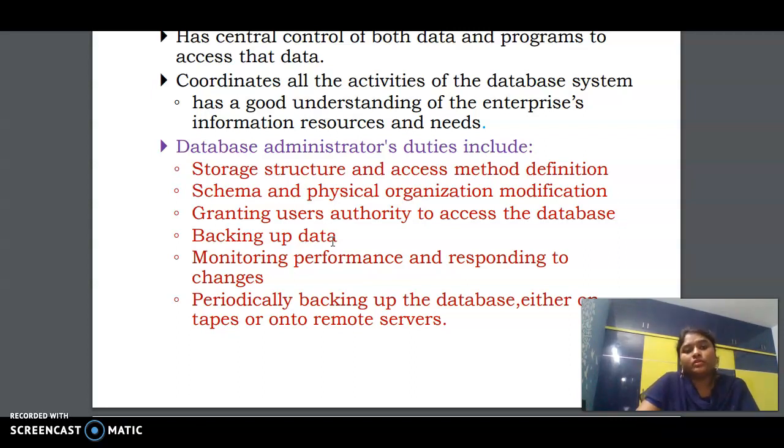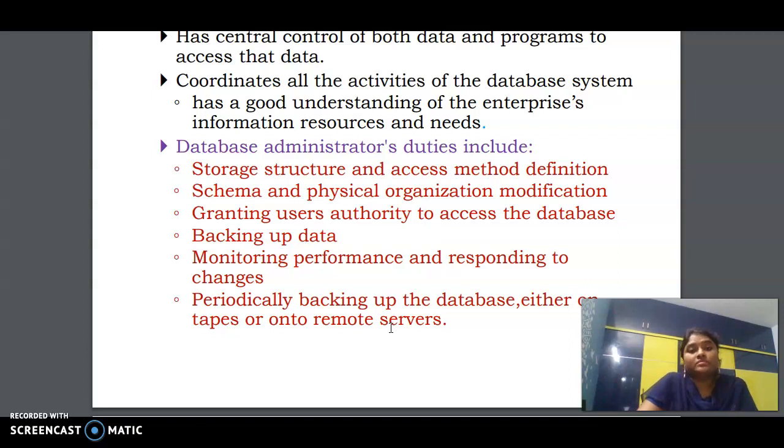Whatever data is present online, a duplicate copy is available, and he can select a place or storage area where the backup can be maintained. His duty is to monitor performance, and whatever changes come, he needs to respond immediately, when physical changes or technical issues come, right? And periodically backing up the database either on tapes or a remote server.